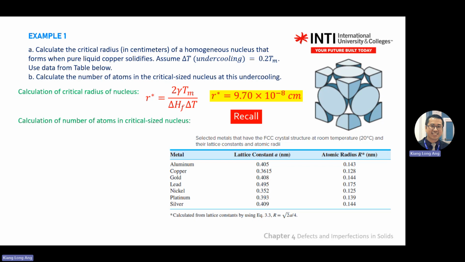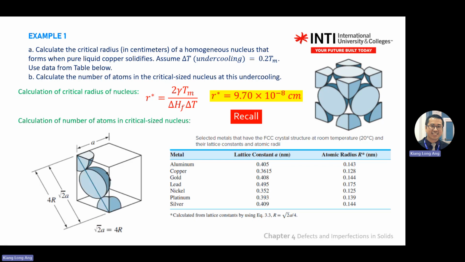I did give you the scope for test 1, so this is one of the questions that are going to come out. We already established how to calculate the cubic A: from here to here is square root 2A.